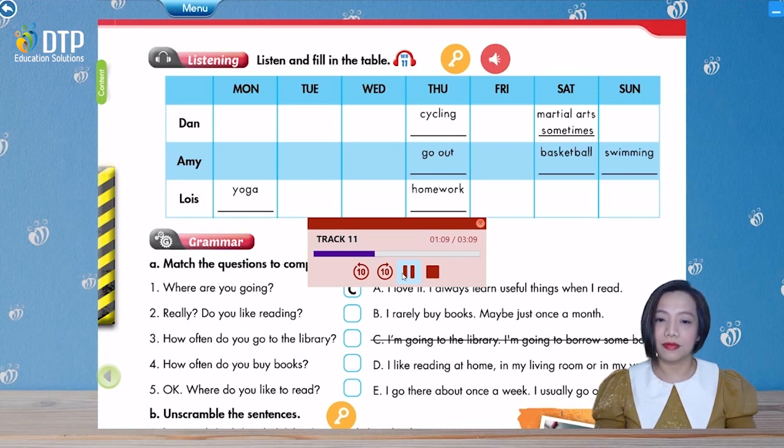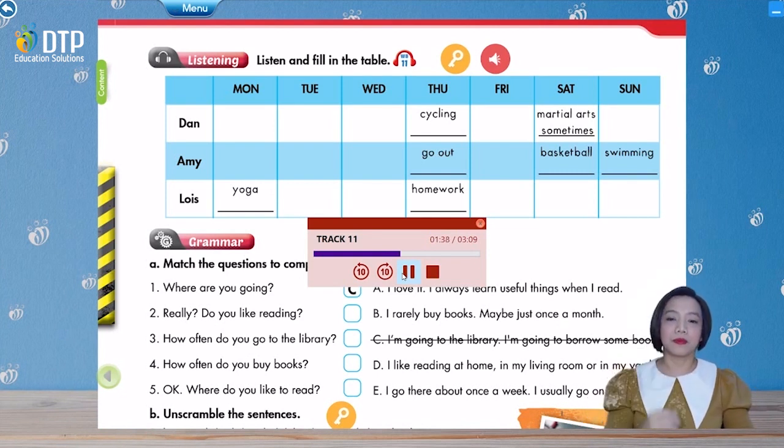Sure, I often go cycling on Thursdays. You can join me if you want. Sorry, but I rarely go out on Thursdays. 5, Amy, do you think that Lois could go cycling with me? I don't think so. Lois is always doing homework on Thursdays. Ah, okay. 6, Amy, is there another sport you like to do? Yes, I love sports. I often play basketball on Saturdays.